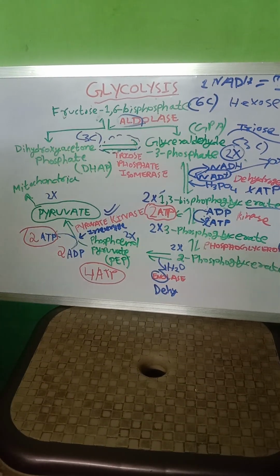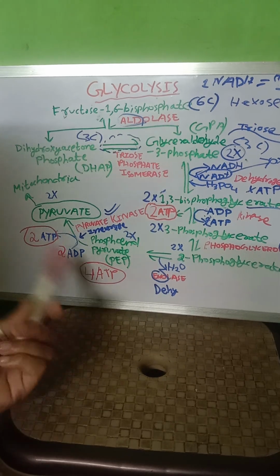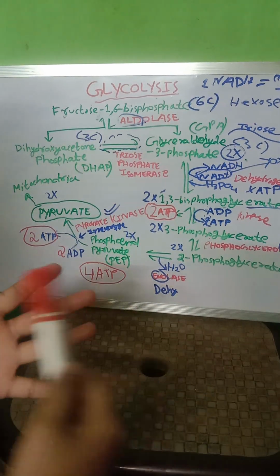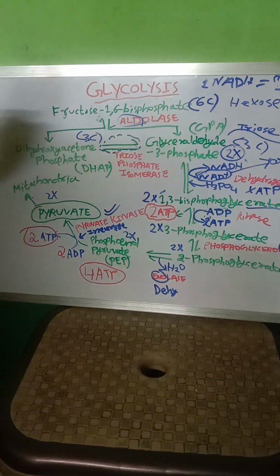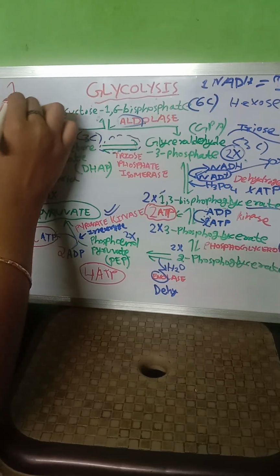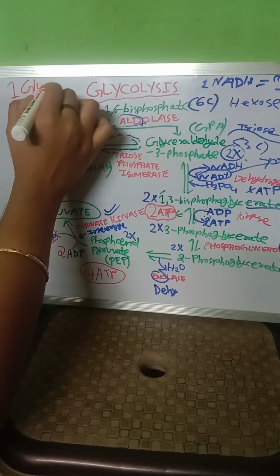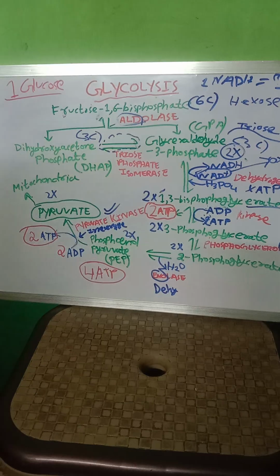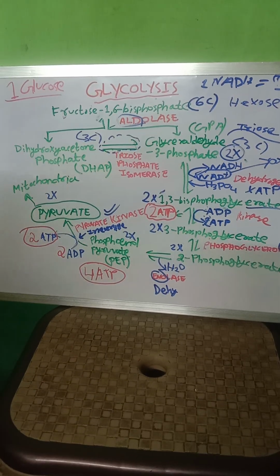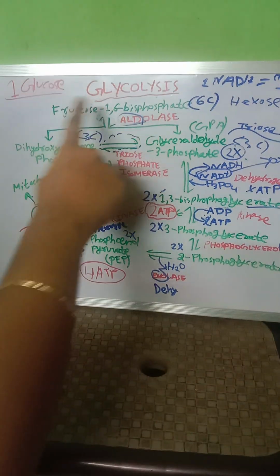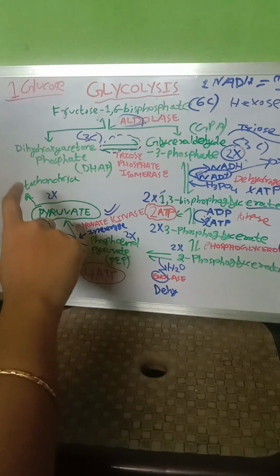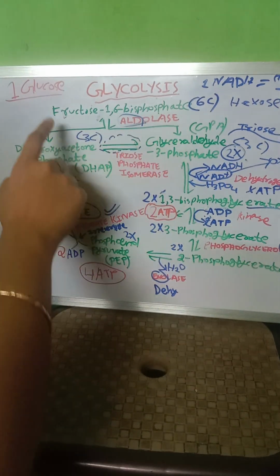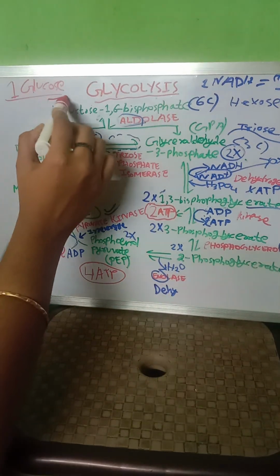Now, what else should I teach you? You might get confused about how it is getting 2, so I am repeating this again. We are talking about what happens from one glucose. This entire glycolysis that I am explaining is based on what happens from one molecule of glucose. From one glucose, fructose is formed.